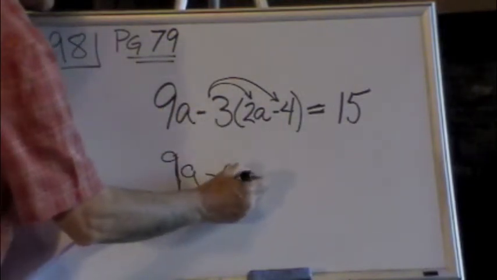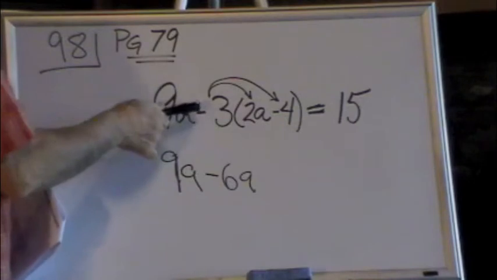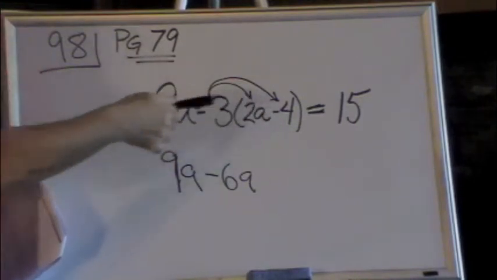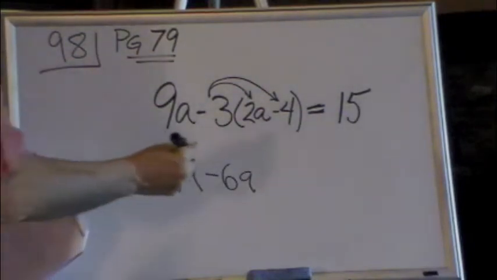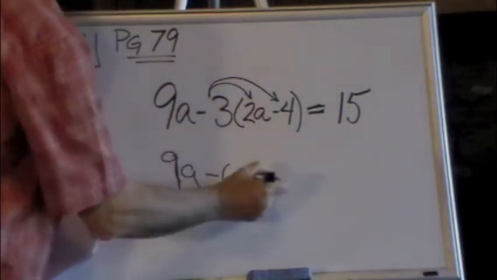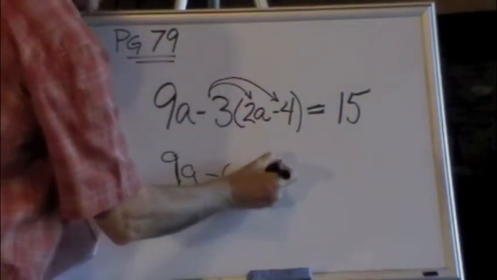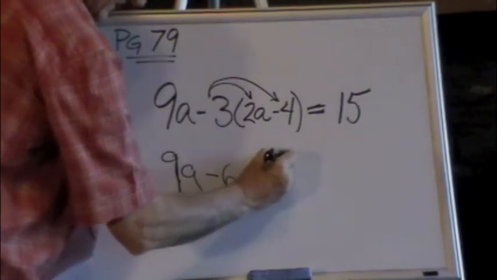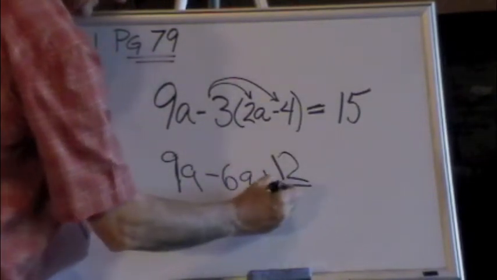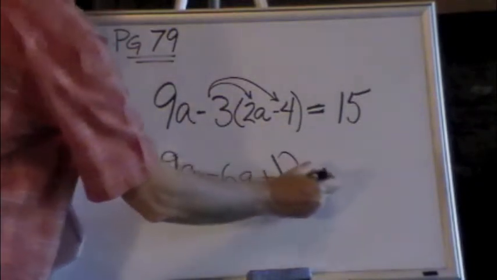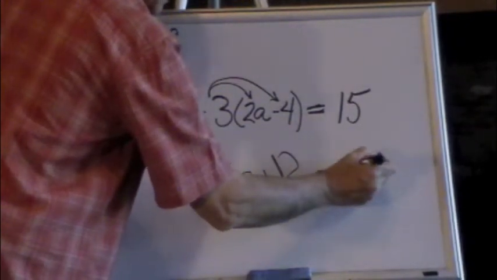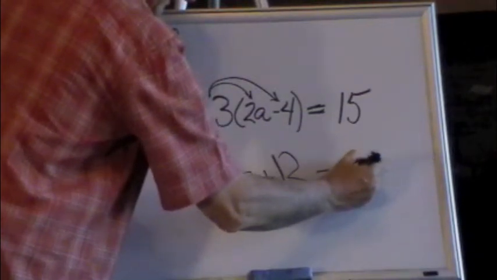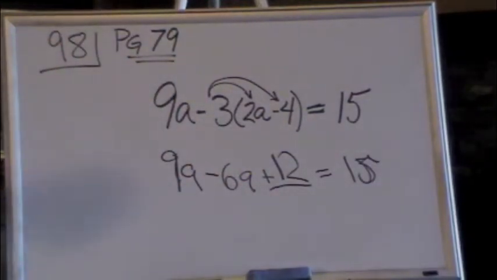That's right, 6a. -3 times a -4. Yeah, there you go. Negative times negative is a positive. Here we go. 12. Got that? That's what you have. Equals 15. Well, there you go. That's 15.